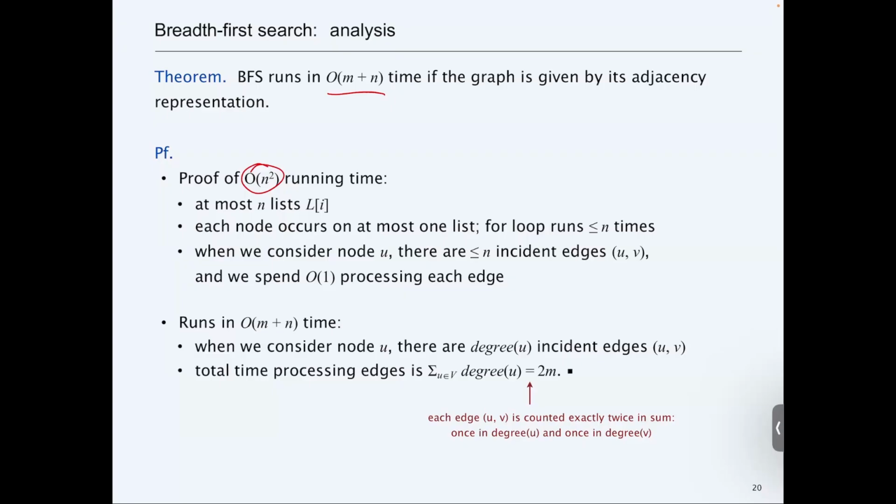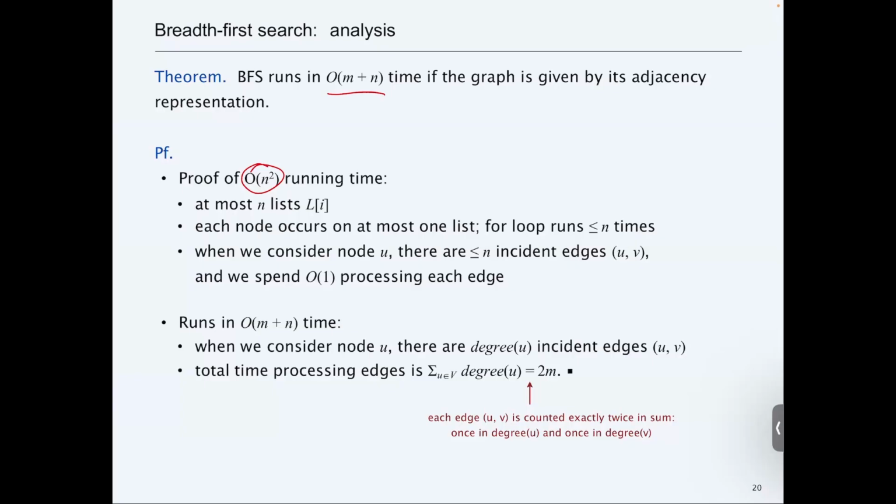What we're going to do is scan through all of the edges that are incident to u. So all of the vertices that you can get to from u. In the absolute worst case, a node could be potentially connected to every other node in that graph. So the degree of u is at most n minus 1, which is big O of n.